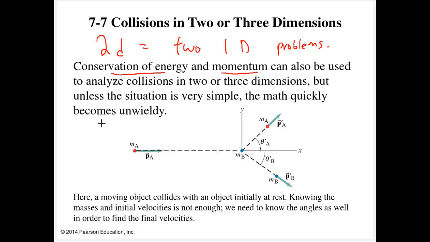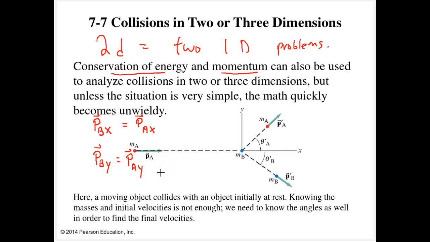All we would have to do is say that the momentum beforehand in the x direction is going to be equal to the momentum afterwards in the x direction, and similarly the momentum beforehand in the y direction is going to be equal to the momentum afterwards in the y direction.